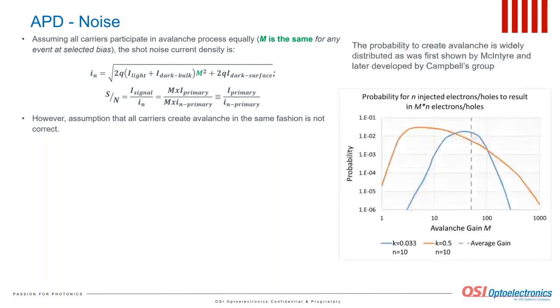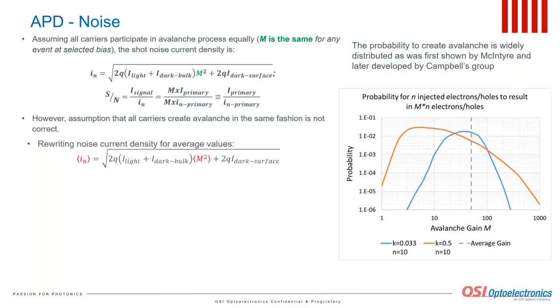This is demonstrated by the graph to the right, where the probability of 10 initially identical electrons to create an avalanche is shown for different values of avalanche gain and for two different values of K. As we see, the probability is well below unity for any gain. This creates large additional noise in APD, which can make the device not practical at all.